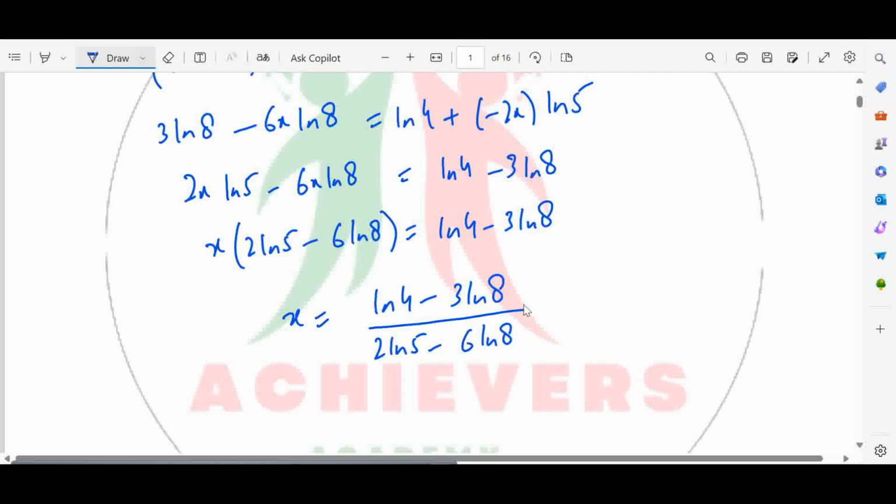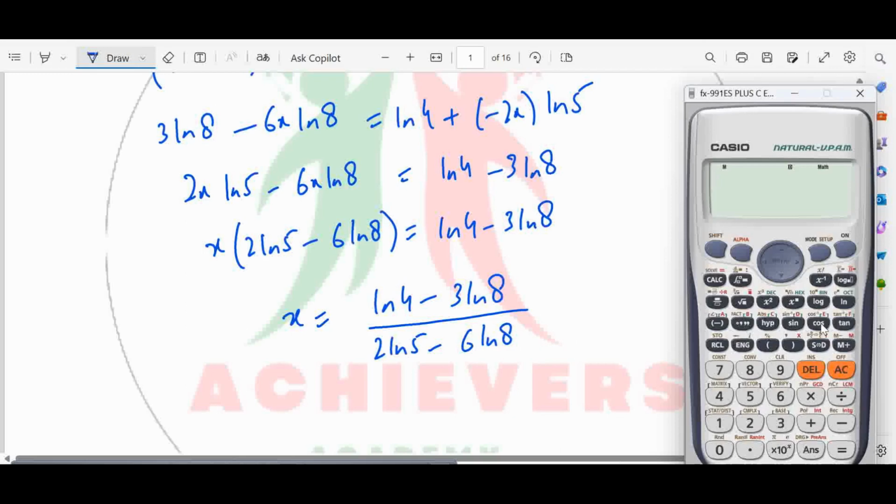Now we can use the calculator and simplify the answer. This will be log of 4 minus 3 log of 8, divided by bracket 2 log of 5 bracket close minus 6 log of 8.